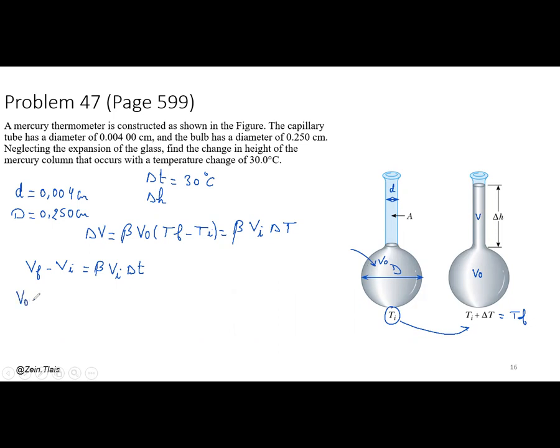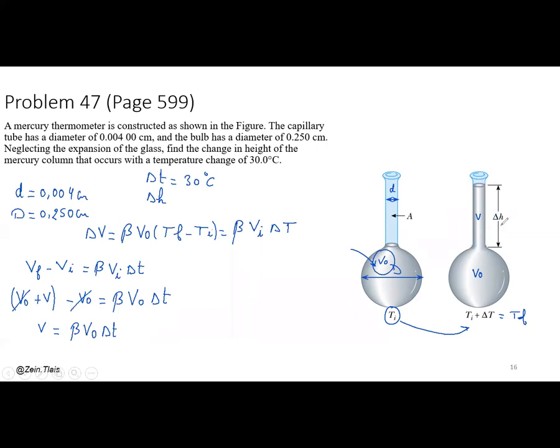We can say V0 plus small v minus V initial, which is V0, equals beta V initial, equals V0 times delta T. So V0 minus V0, we get that v, the volume, this one, equals beta V0 times delta T. I want to find delta H.